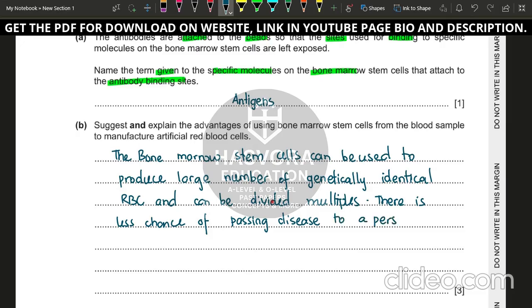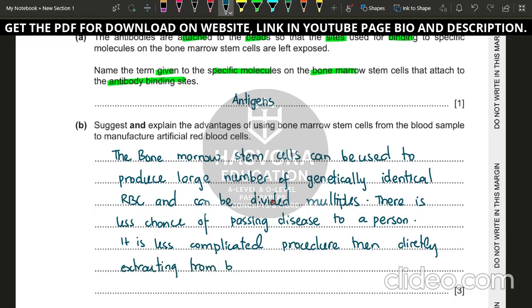And the last point that I just told was that it is less complicated, or you can also write it as invasive procedure than directly extracting from bone marrow.